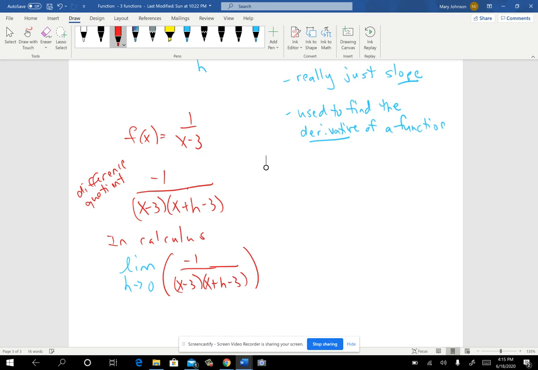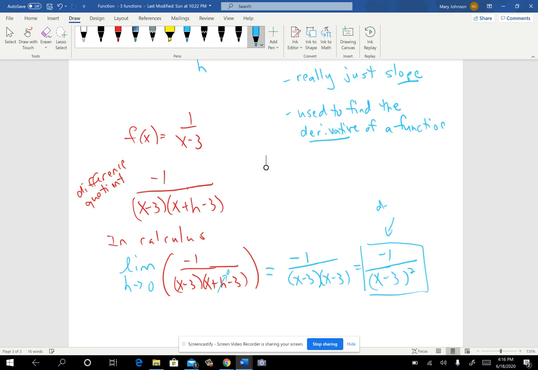If we look at the limit as h approaches 0, as the h goes to 0, the expression would turn out to be negative 1 over x minus 3 times x minus 3, which is negative 1 over x minus 3 squared. And that right there is the derivative of f of x equals 1 over x minus 3.